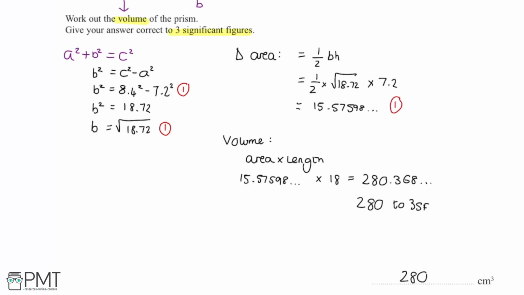The fourth mark is for finding the volume of the prism, getting an answer which can be to more decimal places. And then the final mark is for the correct final answer of 280, correct to 3 significant figures.